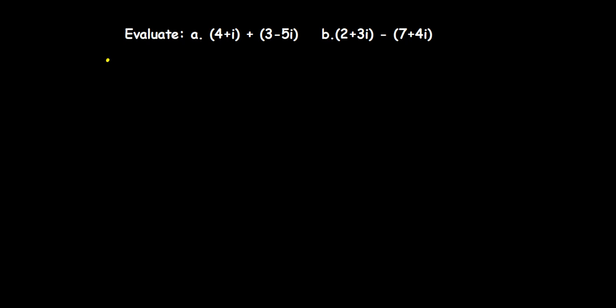So this is going to be 4 plus 3, then plus your i there, you factor out the i, then you have 1, sorry, so that's supposed to be 1. You have 1 minus 5, like that.